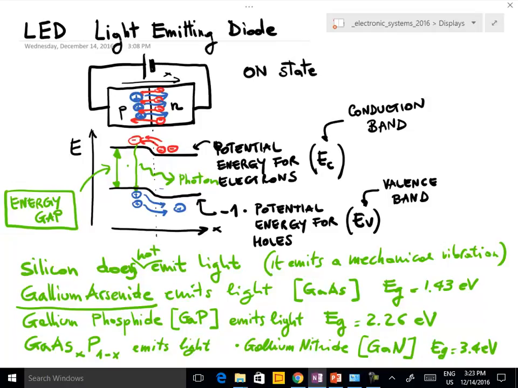Okay, so an LED, if we look at its basic properties, it's just a diode made of a semiconductor which is capable of emitting light. By choosing the proper semiconductor and by adjusting the molar fractions of the material, we can emit light at any frequency we want.